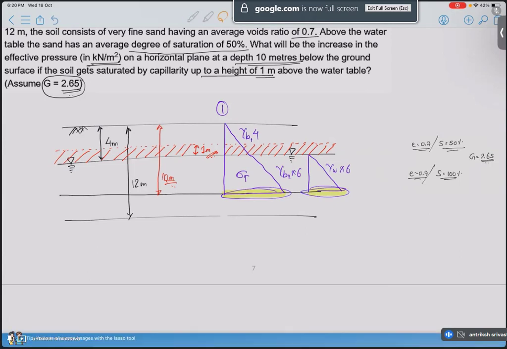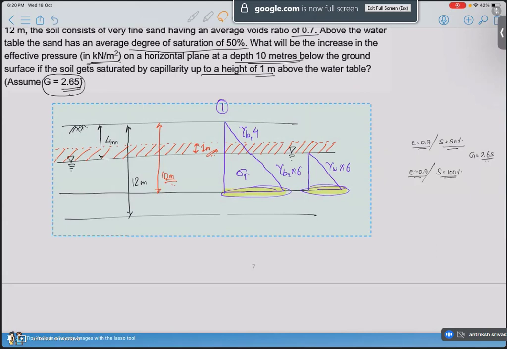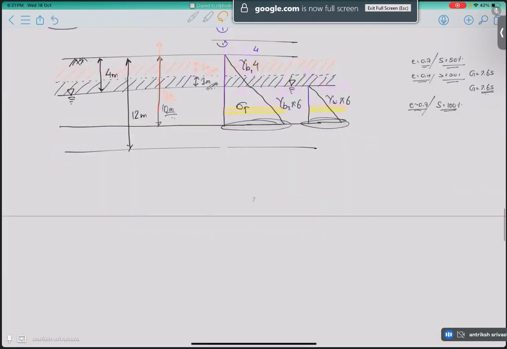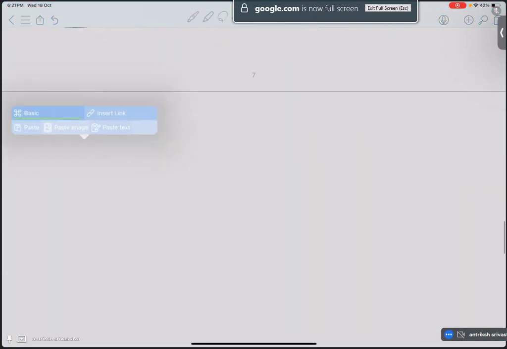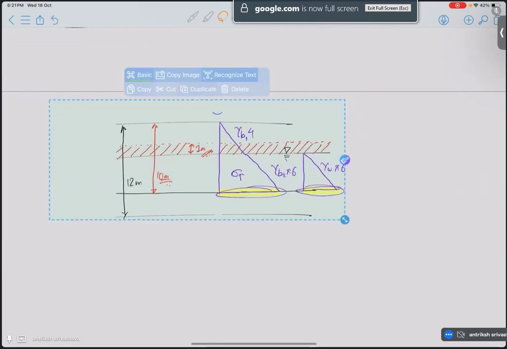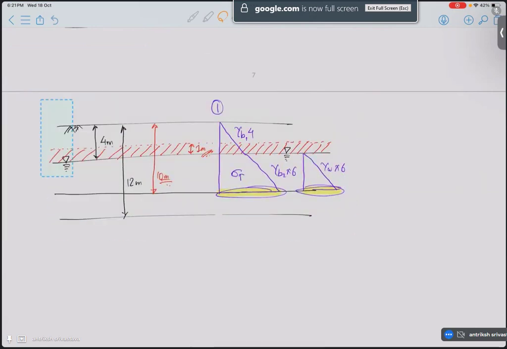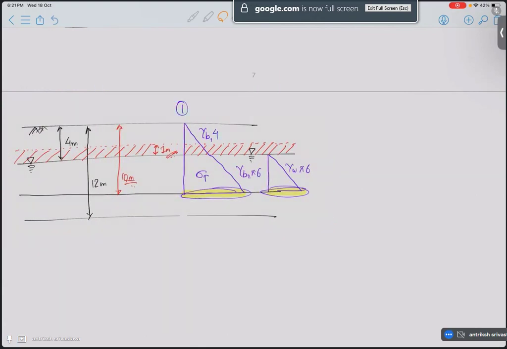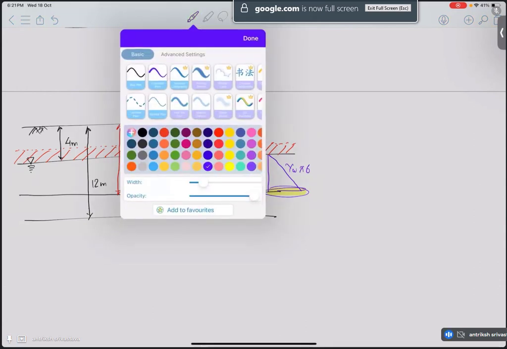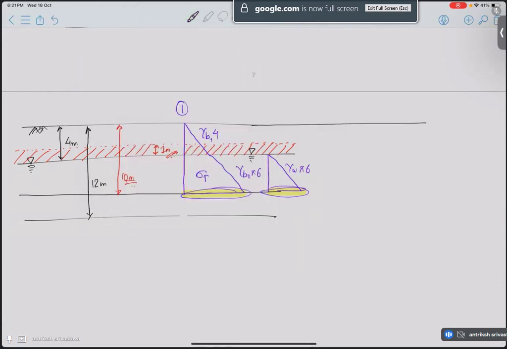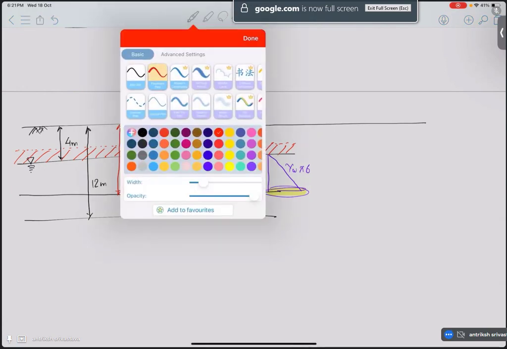Now let me copy this and we'll paste it in another page and we'll see what happens in the second case. Okay, so this was the first case. In the second case, the water level has moved 1 meter above. Okay, so the soil is not dry till 4 meters now. It is only dry till 3 meters.